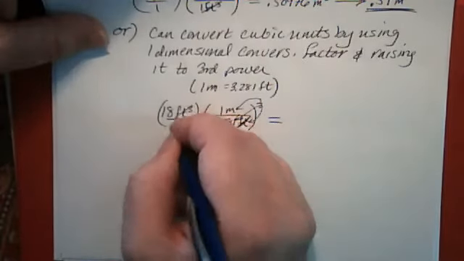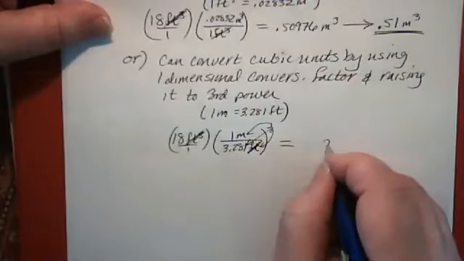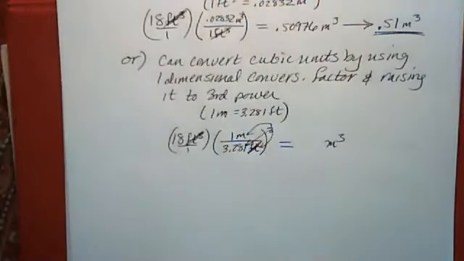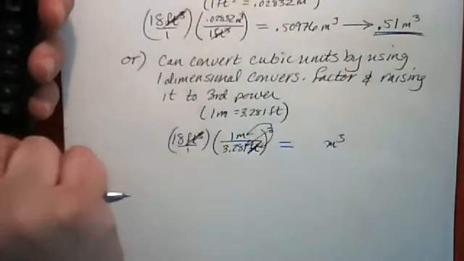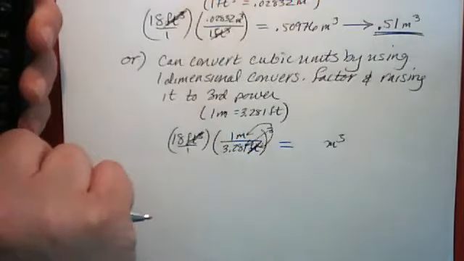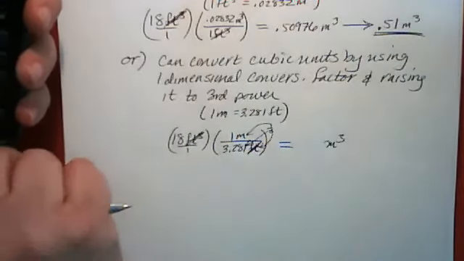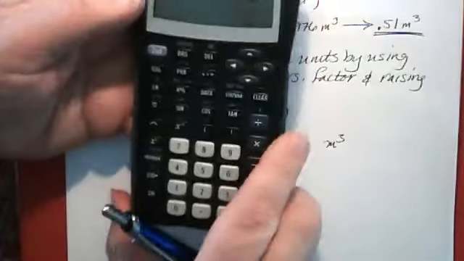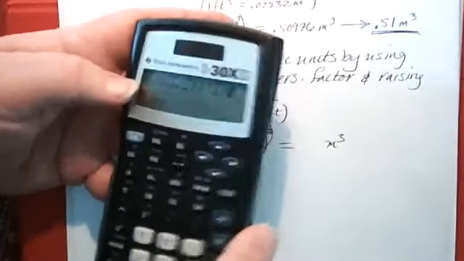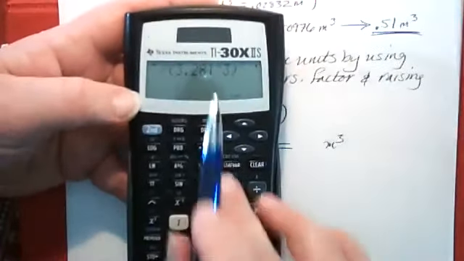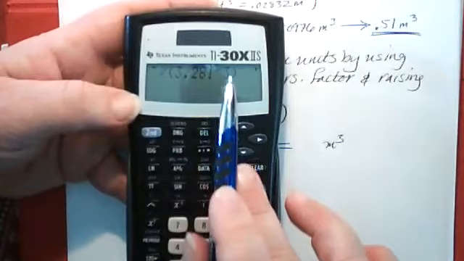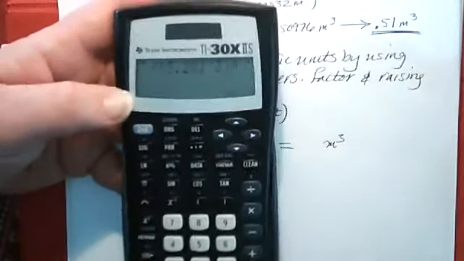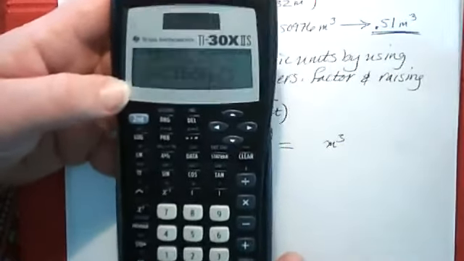So this means that cubic feet will now cancel out, and we should get cubic meters as the unit, and 18 divided by 3.281 raised to the third power, which I would do like this, if you can see that on the video, divided by parenthesis, 3.281 raised to the third power, close parentheses, and then hit equals, and we have 0.5096 and so on.